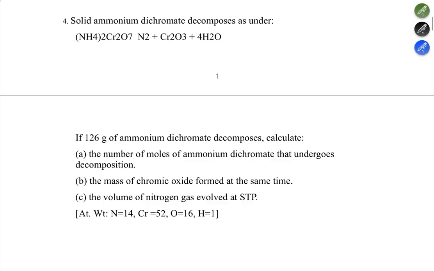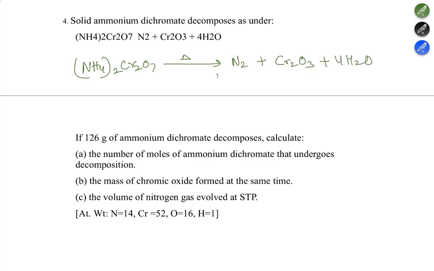Now this question is a 3-marker question, which is very common in the ICSE board examination, so you have to understand it very well. Here the reaction is given where ammonium dichromate is heated and it produces 3 compounds, which are already given in your question, and it is a balanced equation. You don't need to worry about the balancing part.